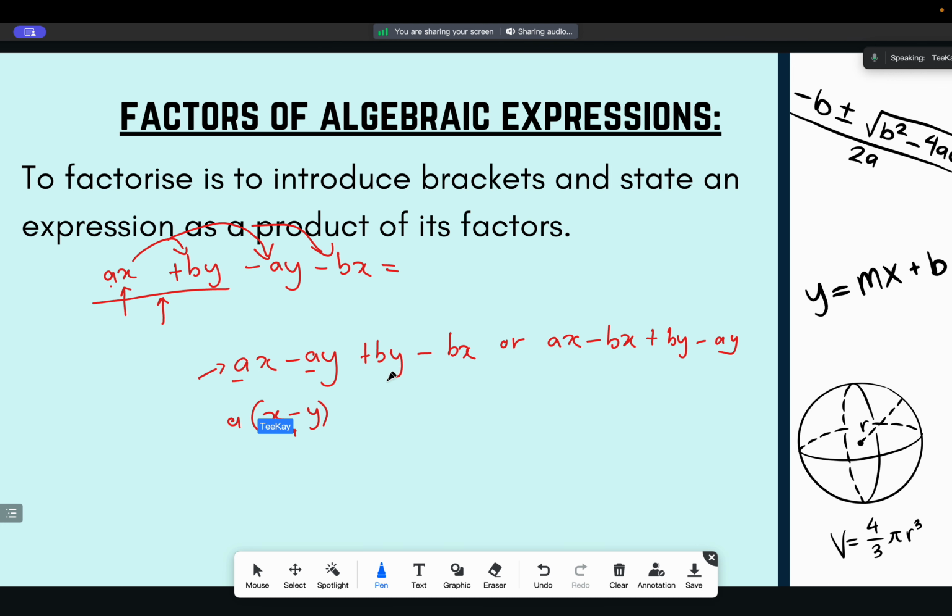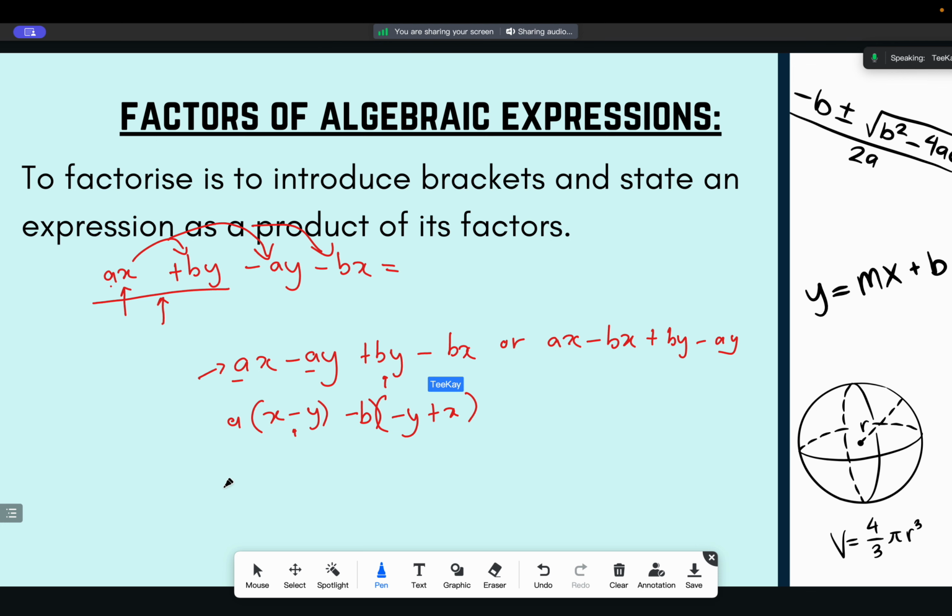So we want this one to have a subtraction sign. So we will take out minus b, like this. Minus b into here gives us minus y, and minus b into this one gives us plus x.